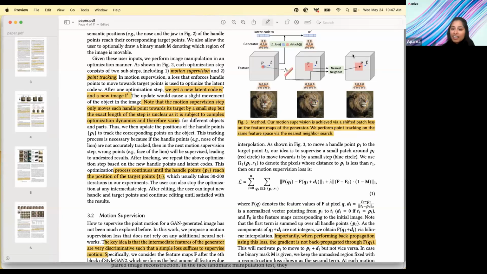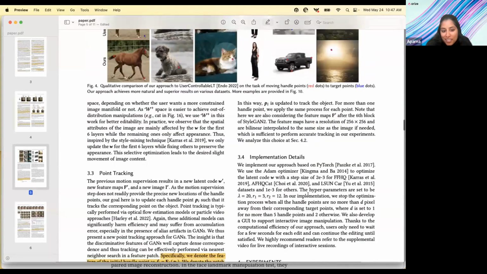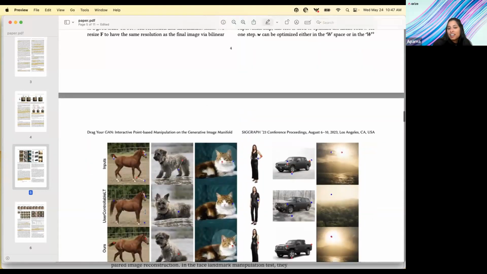Yeah, the part that was really interesting for me was that if you have multiple P's, multiple handle points, you have to optimize so that each of the P's also moves towards its target in a realistic way, while maintaining nearest neighbor for each one of those P's.